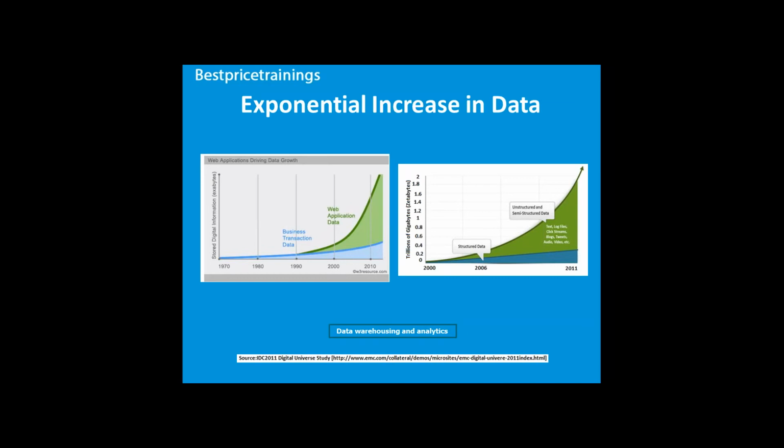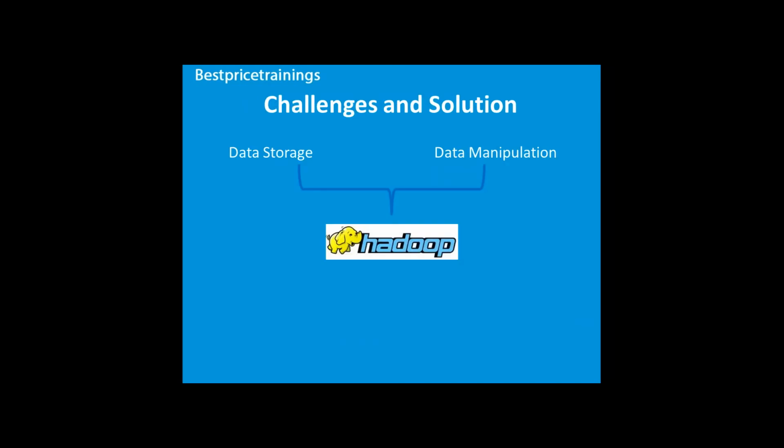Moving forward, some challenges related to big data are data storage and data manipulation. Now you might be wondering that these are challenges we have already faced a few years back, and we have got some solution for this. But if I'm talking about data storage, it should be economical.